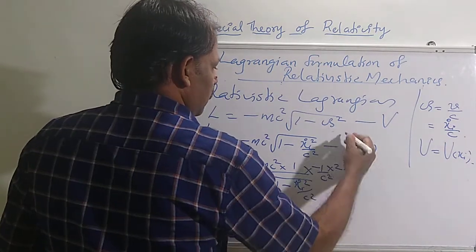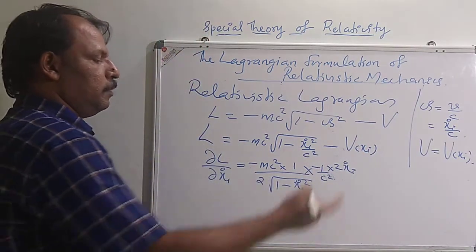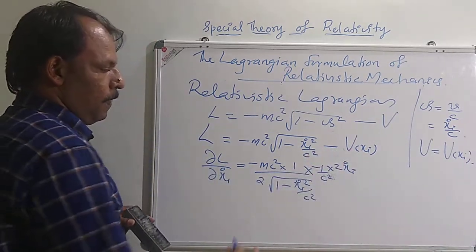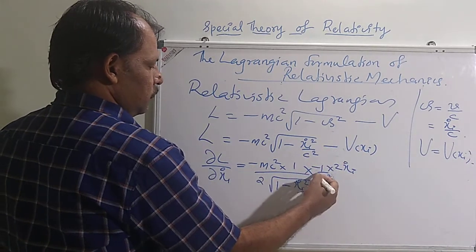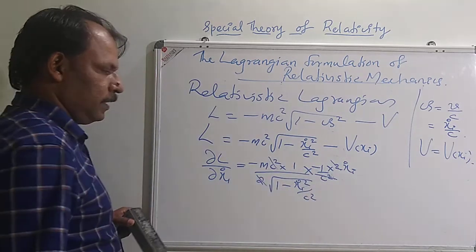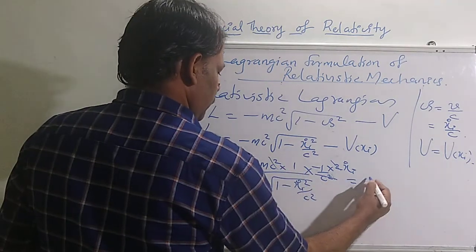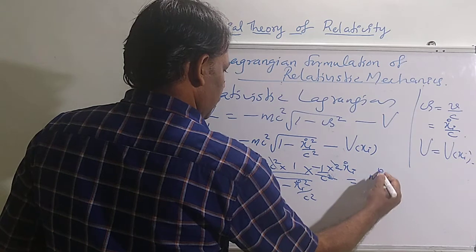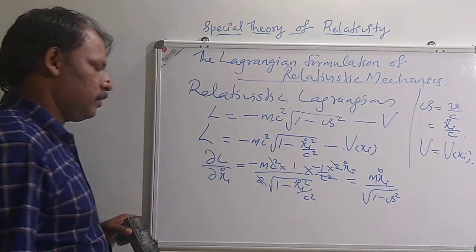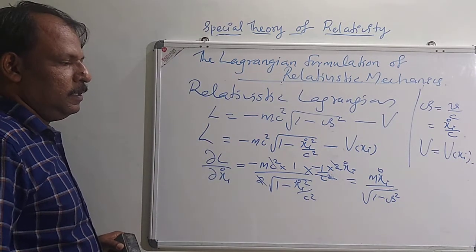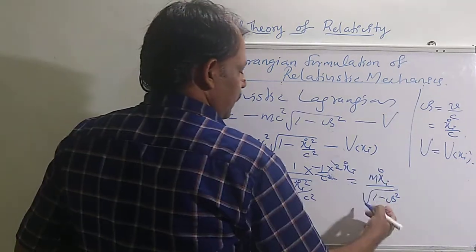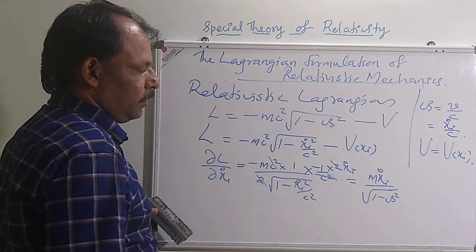Now this term V is a function of xi only, independent of xi dot, so its differential with respect to xi dot is 0. The minus minus plus c square will get cancelled, the 2 will get cancelled, and so this will be equal to m xi dot by root of 1 minus xi dot square by c square, that is root of 1 minus beta square. So we obtain dou L by dou xi dot as m xi dot by root of 1 minus beta square.